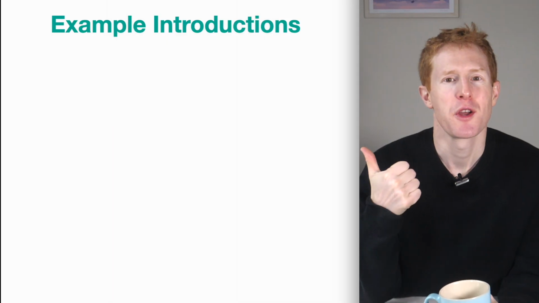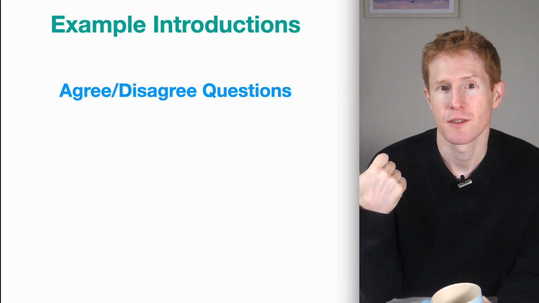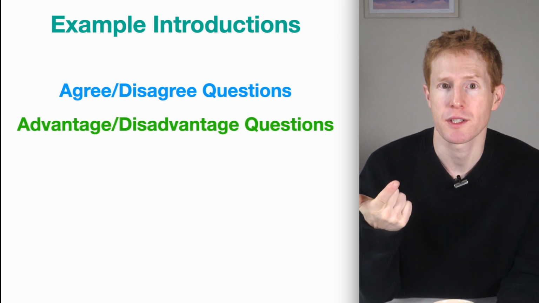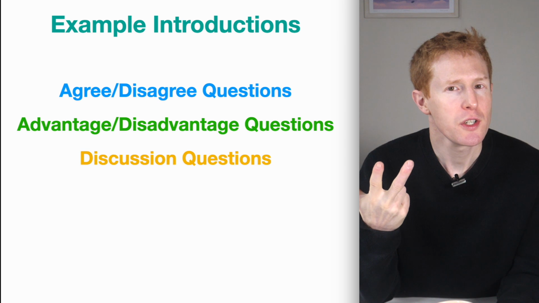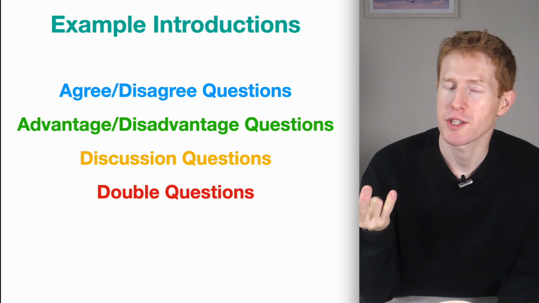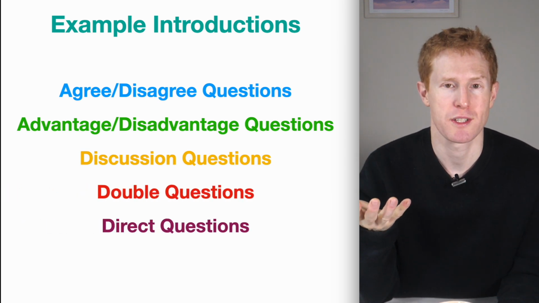Now, what we're going to do is look at some example introductions for all the IELTS essay question types. So the essay question types are agree-disagree questions, advantage-disadvantage questions, discussion questions, double questions, and direct questions.